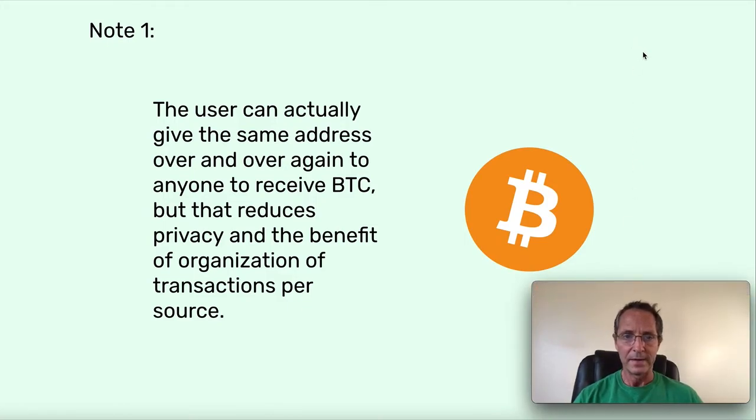Note 1. The user can actually give the same address over and over again to anyone to receive BTC, but that reduces privacy and the benefit of organization of transactions per source. So if you have given one address, or you publish one address for donations, or you publish one address because that's where you receive your revenues, you can still receive in the same address many times in many transactions Bitcoins from third parties.